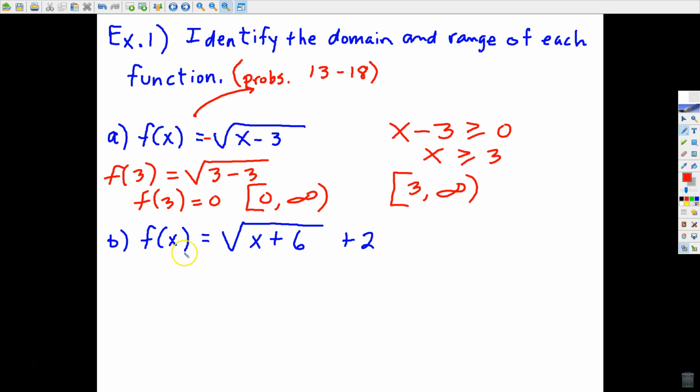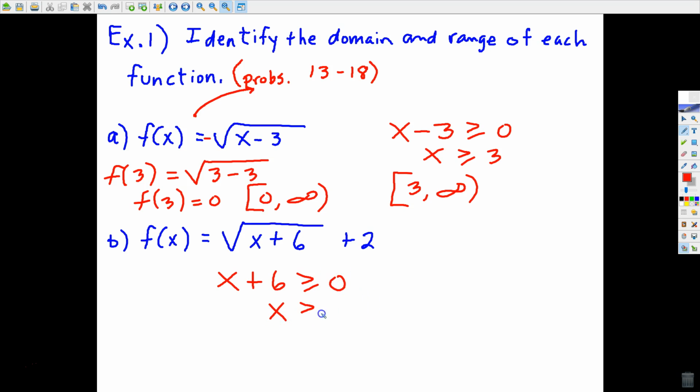All right, so let's talk about letter B. First of all, we're going to identify the domain. So again, just take the part that's under the radical. That's what we care about. We've got to make sure that this represents a real number. So just set up a little inequality that says x plus 6 is greater than or equal to 0.